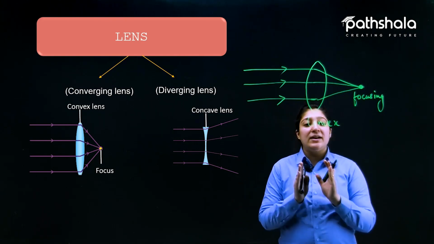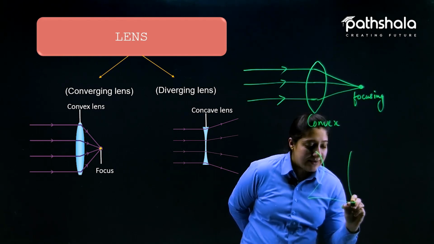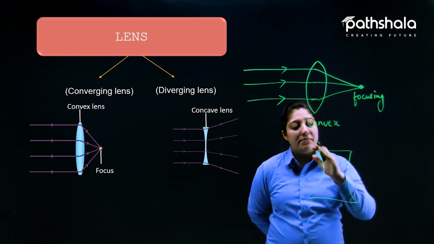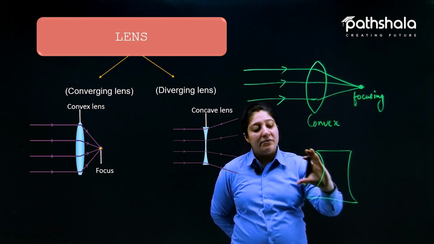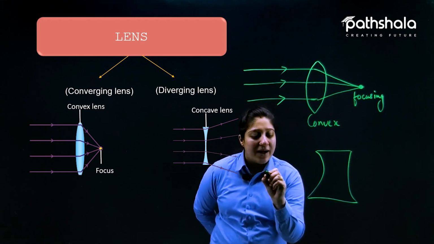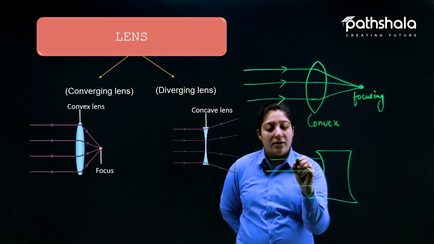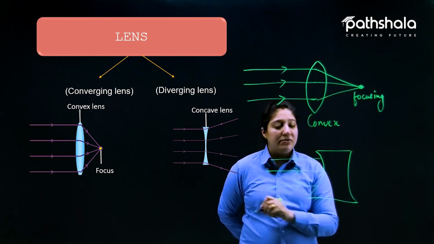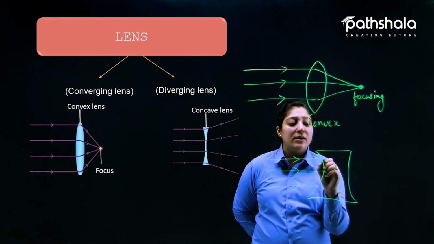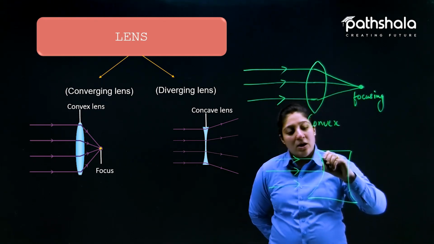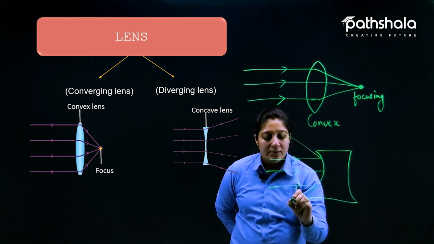Now what the concave lens does is, as the surface of the lens here is curved inward, when the light rays pass through it, and you have to show the direction, that is a must, the light rays don't pass through it properly. What this lens does is it spreads the light rays backward.